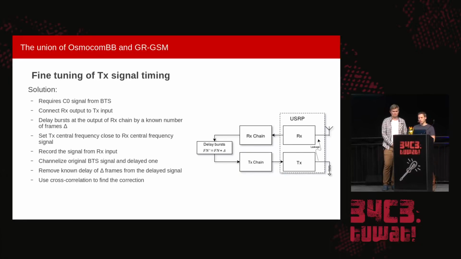We then record both signals in the received signal, channelize the received and the delayed signal, remove the known number of frames of delay from the delayed signal, and what is left is the unknown but constant delay between both signals, the received one and the one transmitted by us.